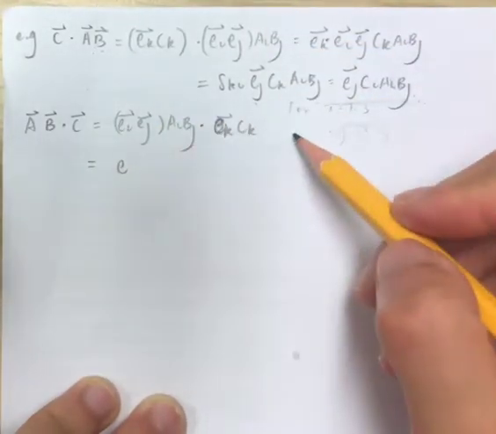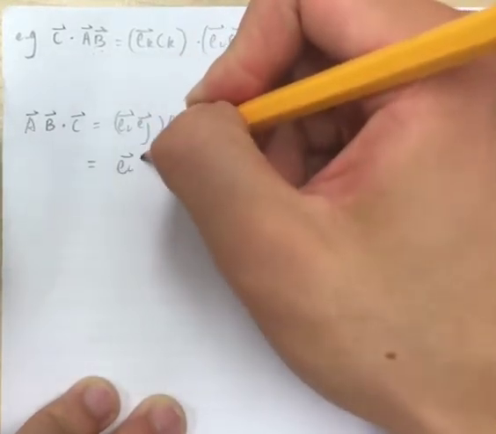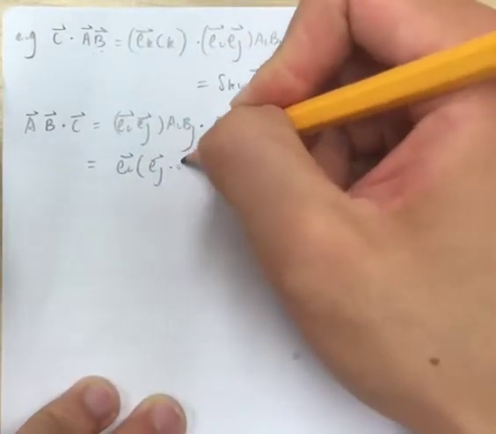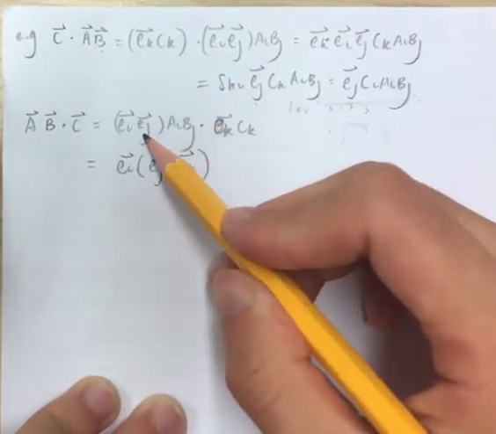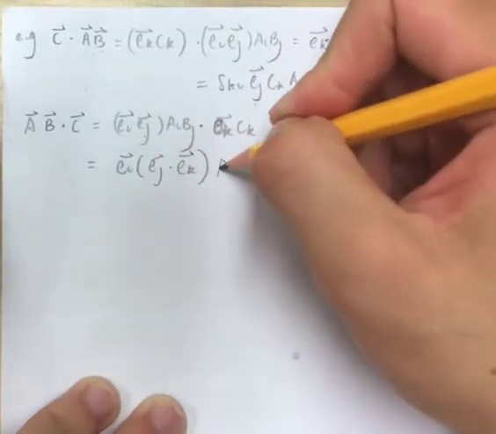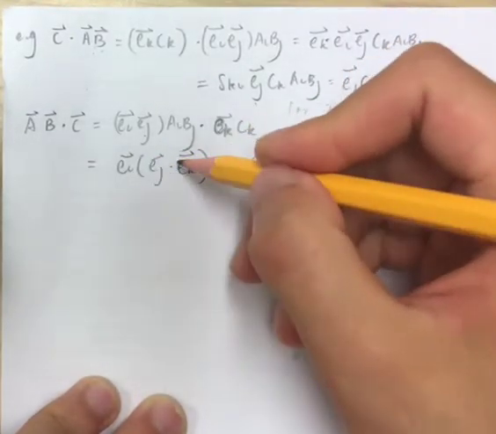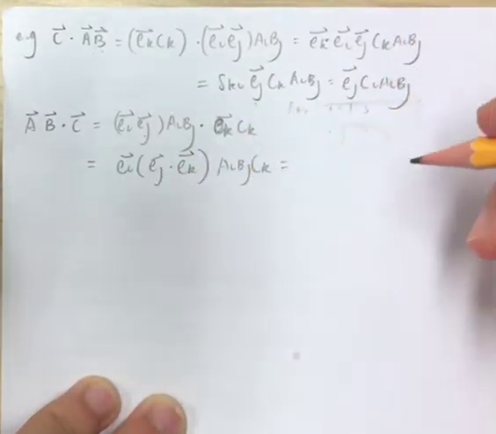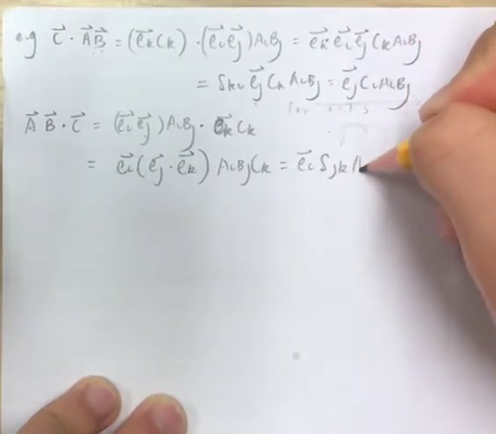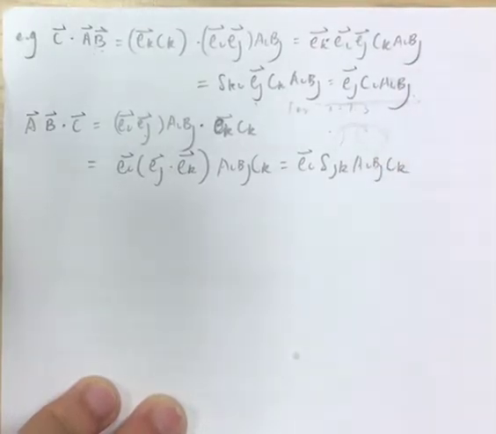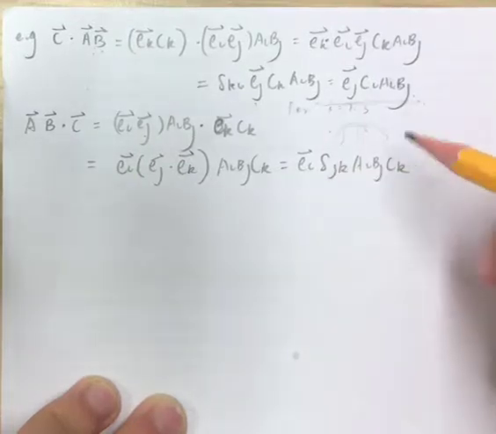A_i and B_j, we can put at the back: e_i times e_j times e_k. We can first compute the dot product. So here we have A_i, B_j, C_k, and here we'll have delta_jk, e_i, delta_jk, and A_i B_j C_k. Only when k equals j will we get a contribution from this thing.